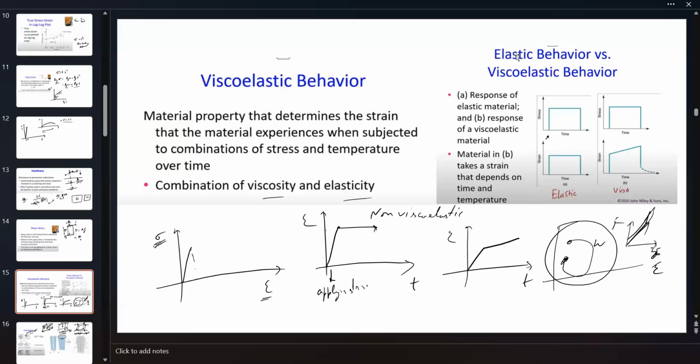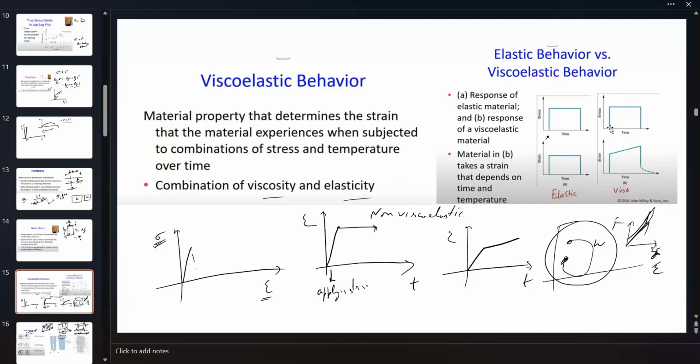on the right, you have elastic behavior and viscoelastic behavior. In elastic behavior, this is your stress applied. You apply some stress for some time, and you get the strain, which is maintained over that time and doesn't change.